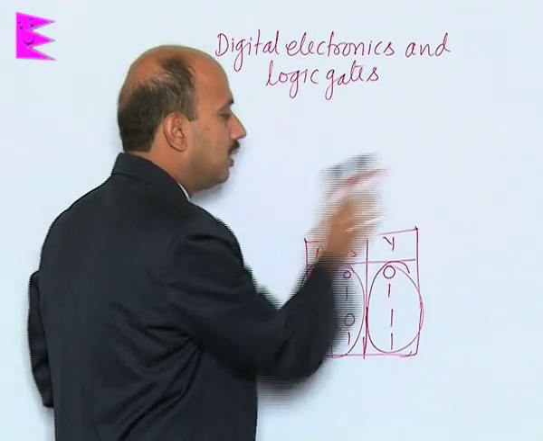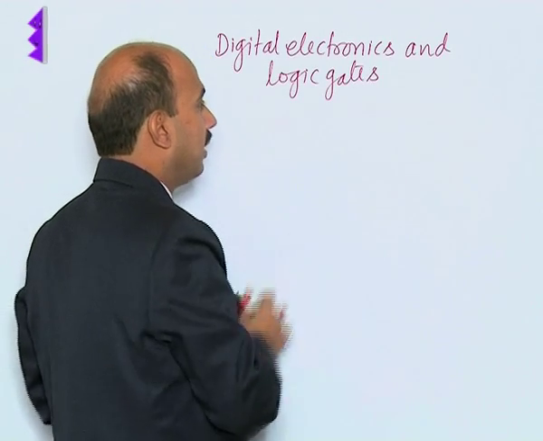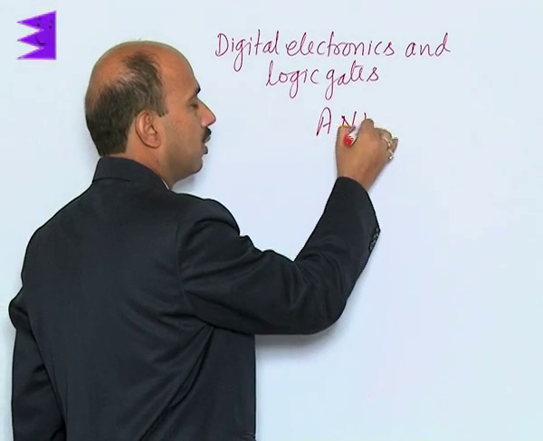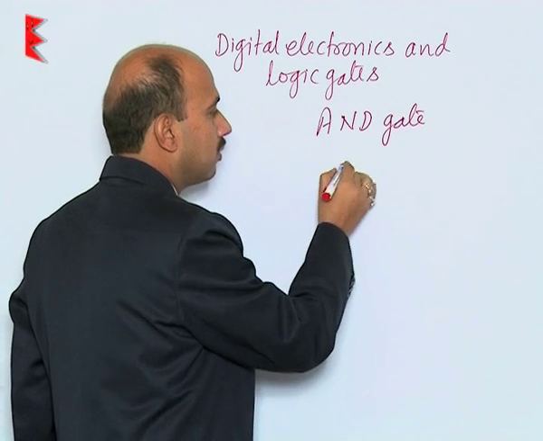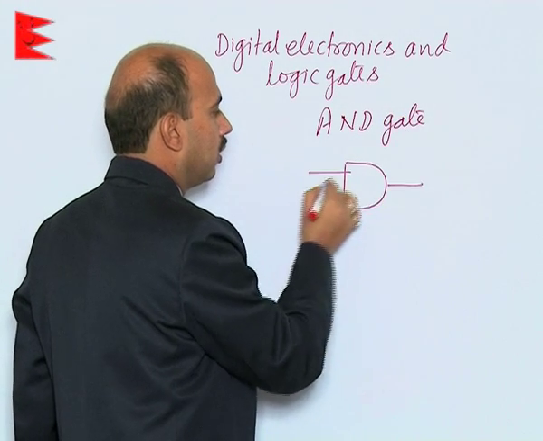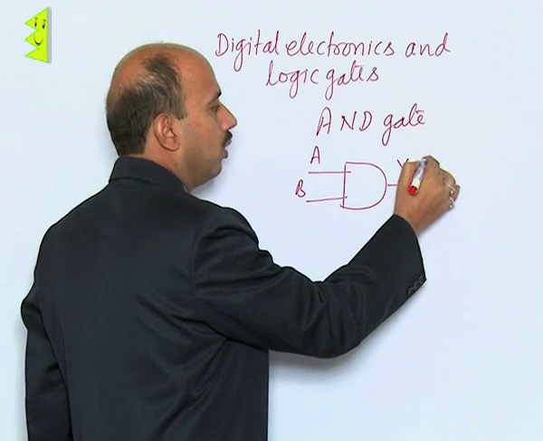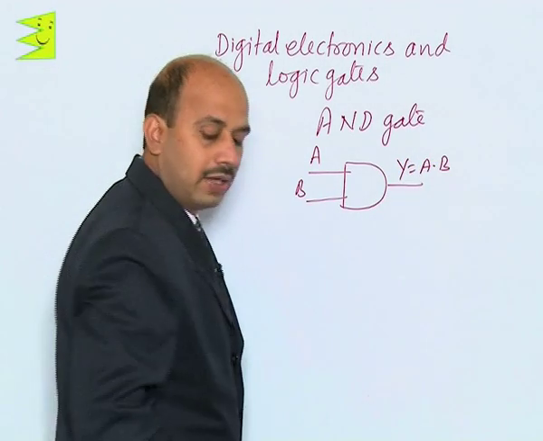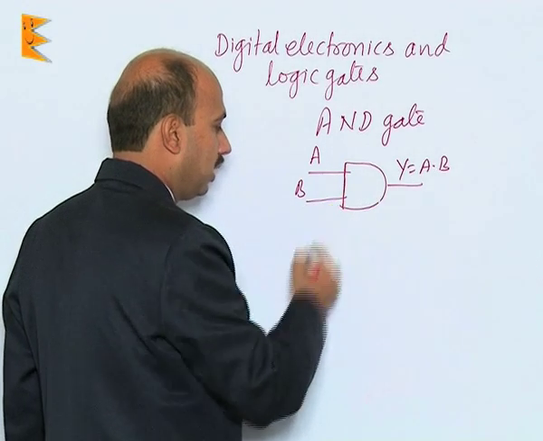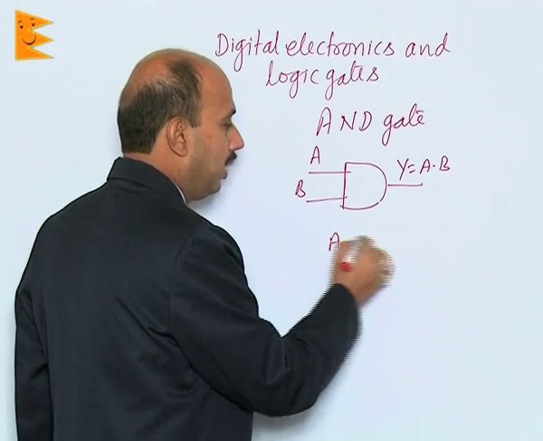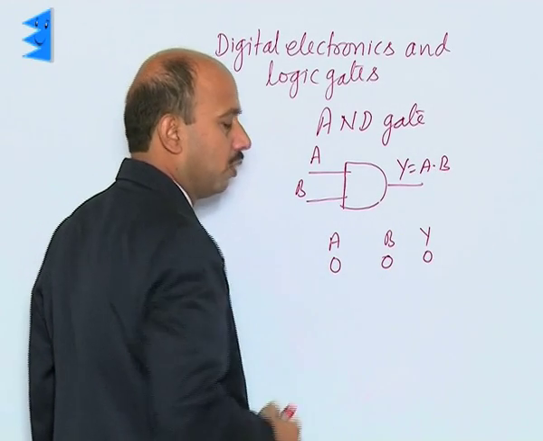We can take another type of logic gate, that is called the AND gate. We can draw the AND gate like this. This is A and B, and here Y is equal to A dot B, that is A and B. Here also we can perform a certain logical relationship of A, B and Y. Suppose A is 0, B is 0, Y is 0.